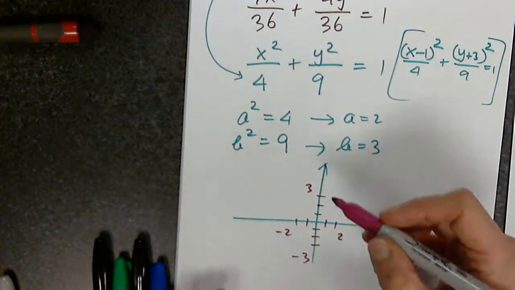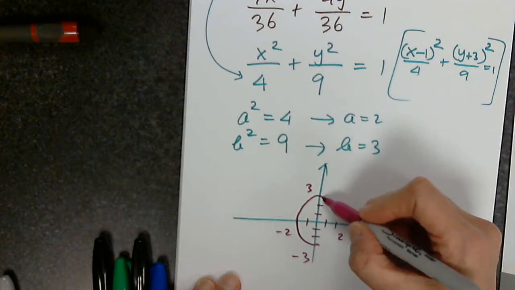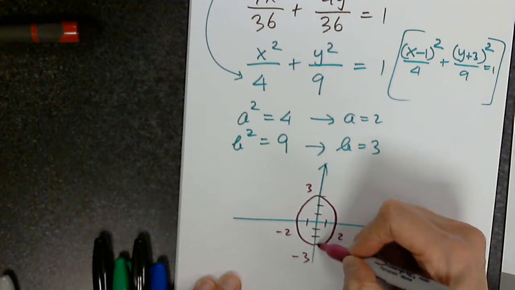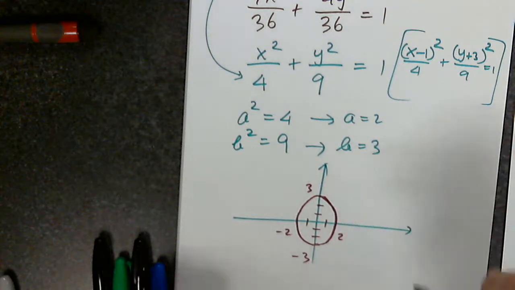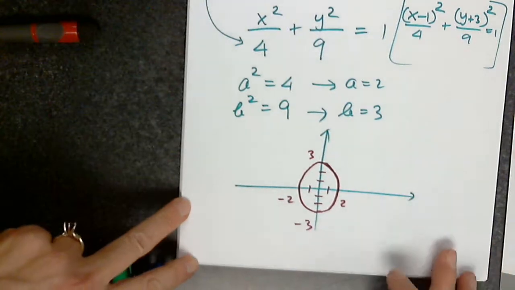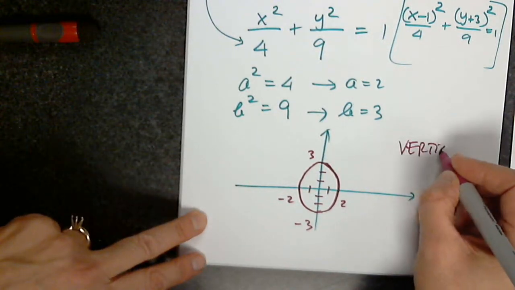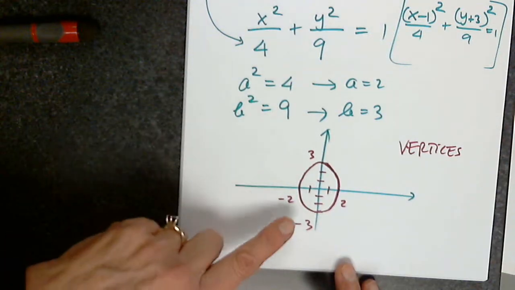Ready? It's not easy to graph an ellipse by hand. So that's the ellipse. Any questions? Now, if we are asked to find the vertices, what will you say?